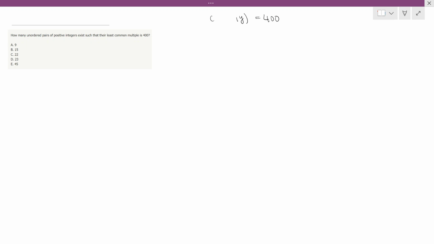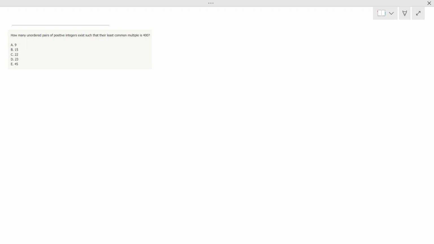Now, before we dive deep into the solution, let's take a moment to quickly prime factorize 400. So 400 can be written as 4 into 10 into 10. 4 has two 2's in it. 10 has one 2, and this 10 has another 2. In total there are four 2's in 400.